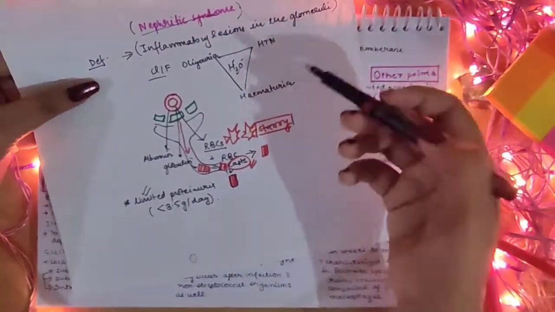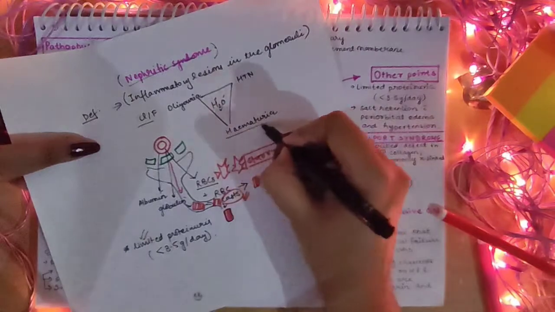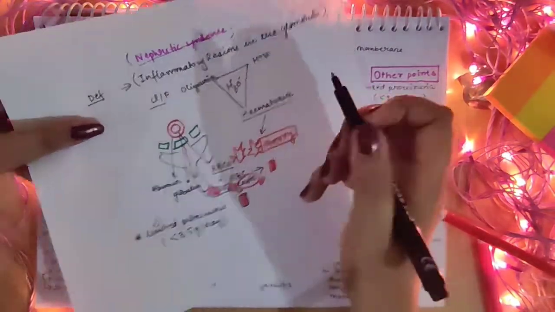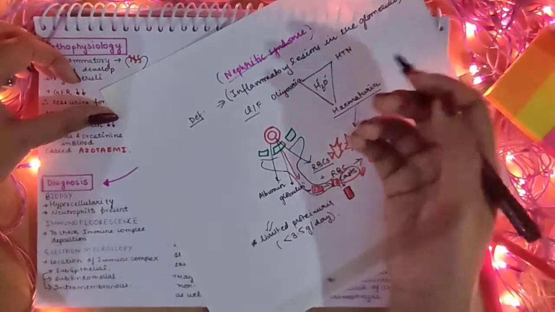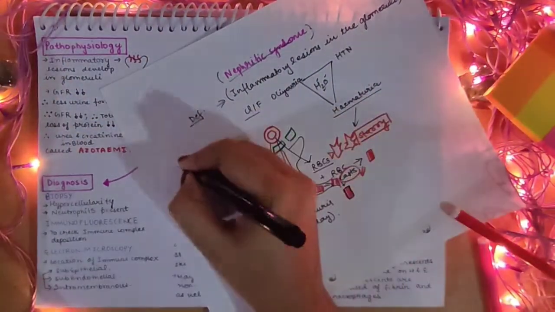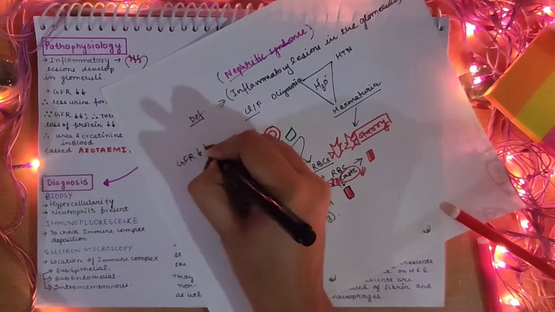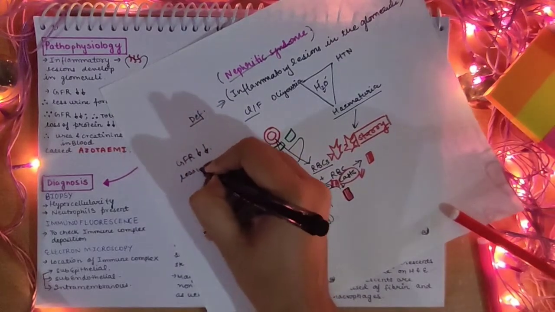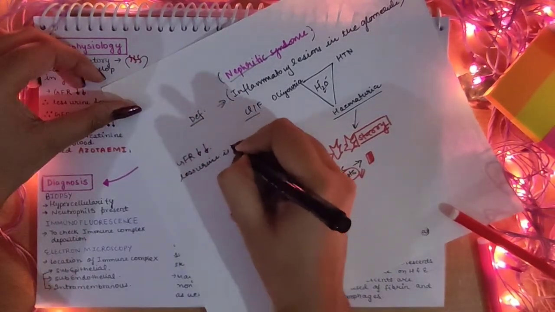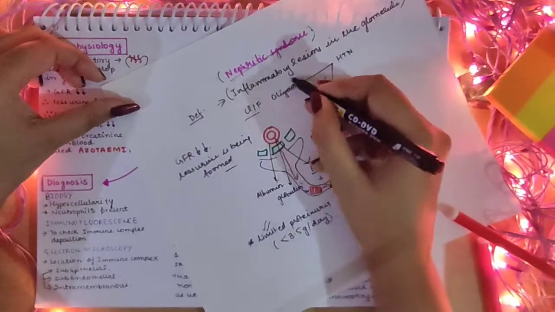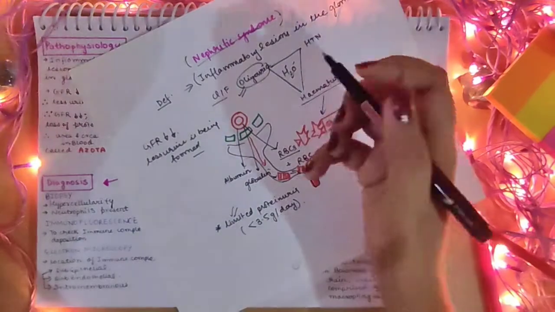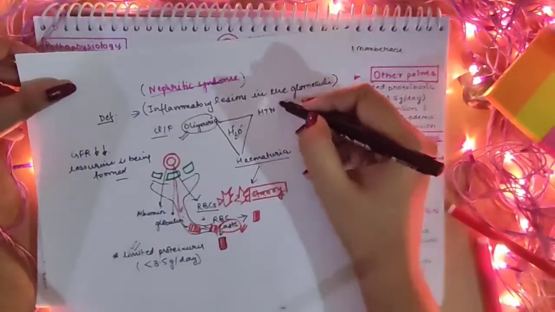Okay, now we have done the clinical features. Now you have understood that hematuria is occurring due to this. Oliguria, why is there oliguria? Because the GFR decreases, so less urine is being formed, and hence there is oliguria. Now you are also clear with the second point. The third point, hypertension.